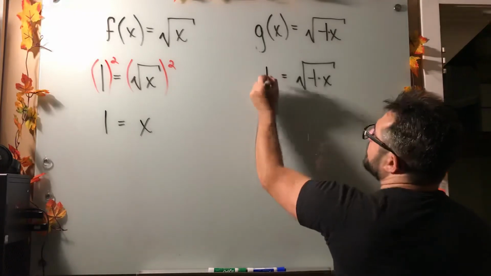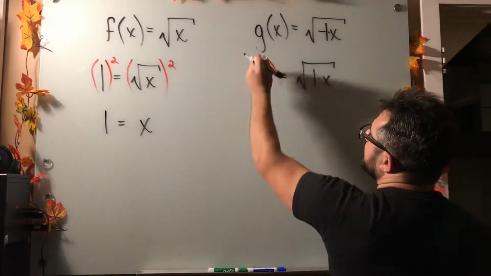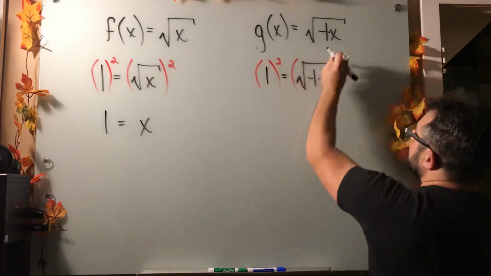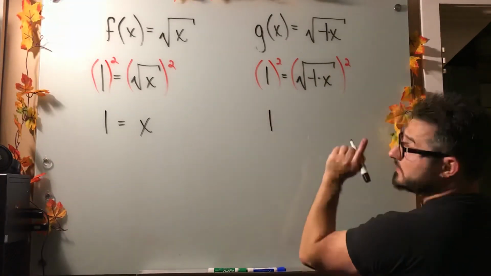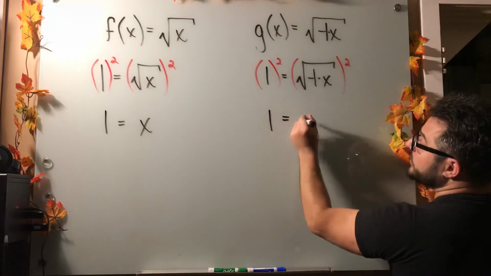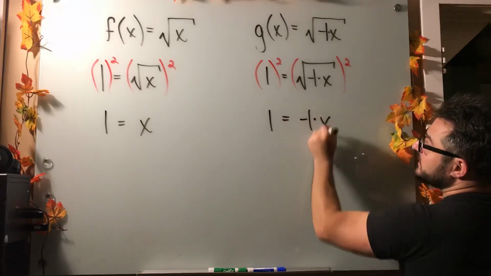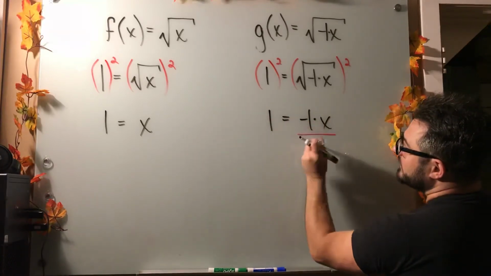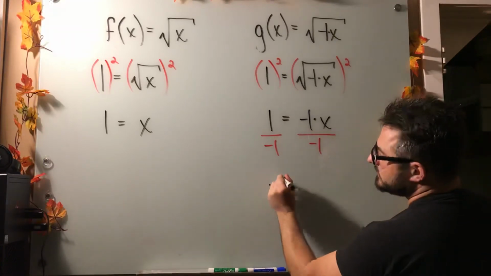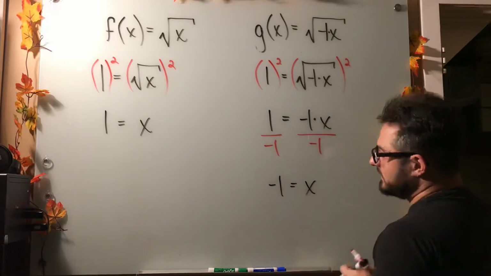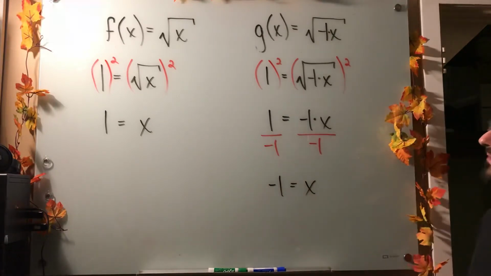For g of x then, once again, we solve for x, and we start the same way. We produce the same value, at least at first, but then we have an extra thing to account for. And that results in a different x value than we had in the original function.